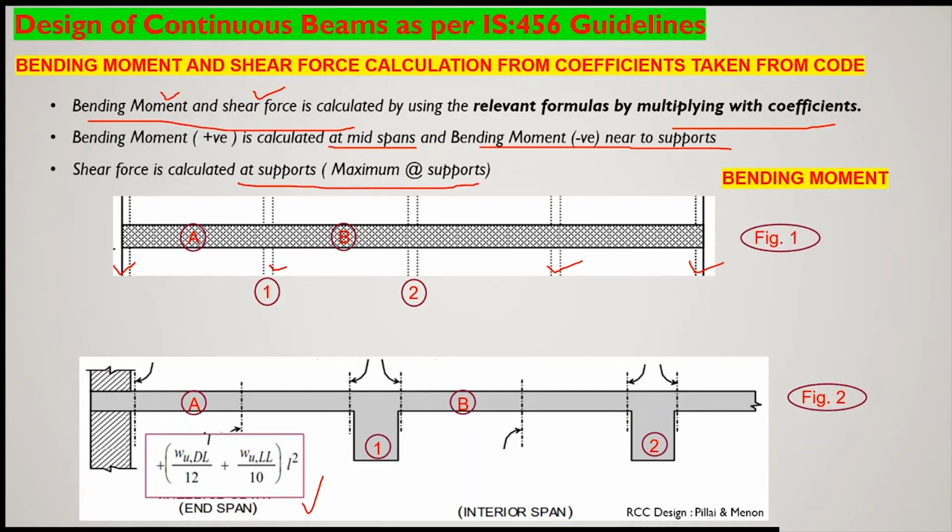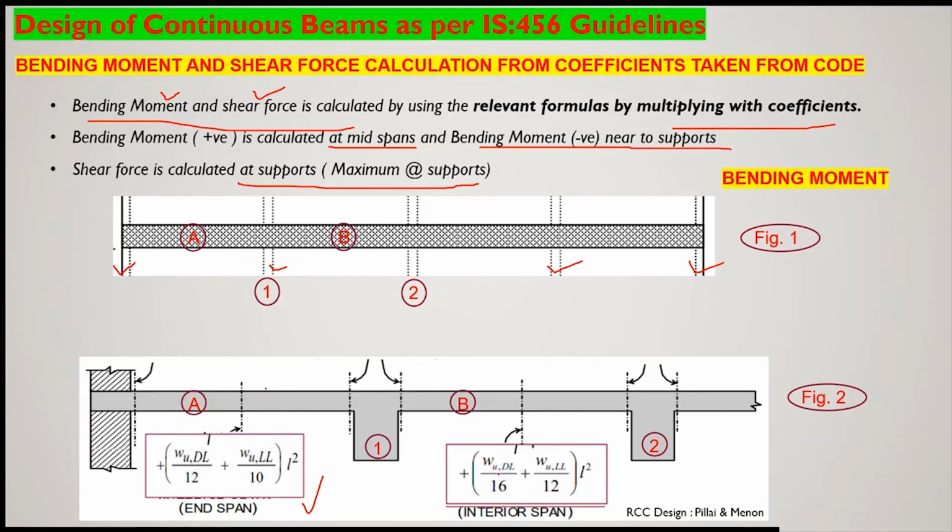By this type of formula, you will be able to calculate the maximum positive bending moment at the middle of the end span. Similarly, you can take the coefficient values 1 by 12 and 1 by 10 from table number 12, which is for calculating the bending moment at mid-span of the interior span.